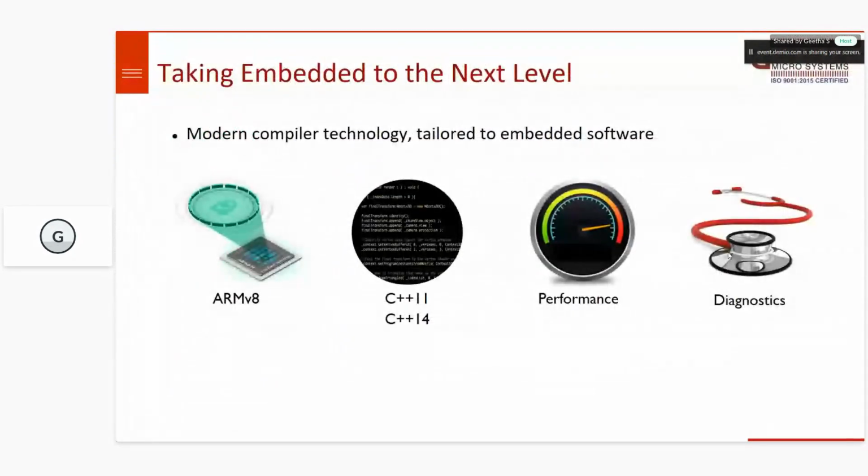Next, coming to taking embedded to the next level. So why at all did ARM come up with compiler 6? Basically, before ARM compiler 6, ARM had compiler 5. Compiler 5 was supporting only ARM7-based, ARM9-based, and ARM Cortex version 7 architectures, like version 7A, version 7R, version 7M.